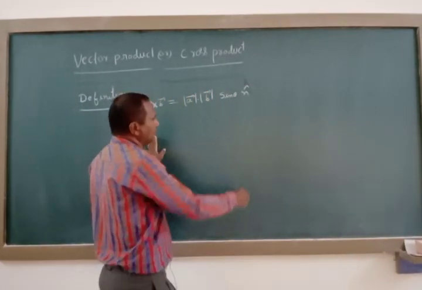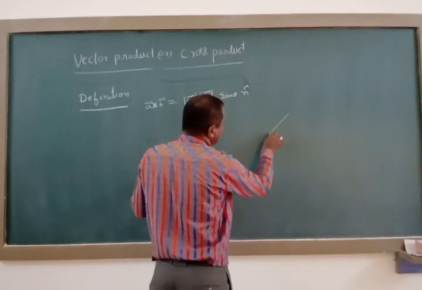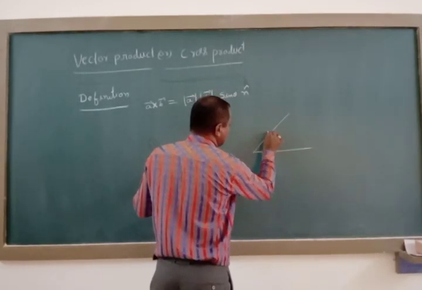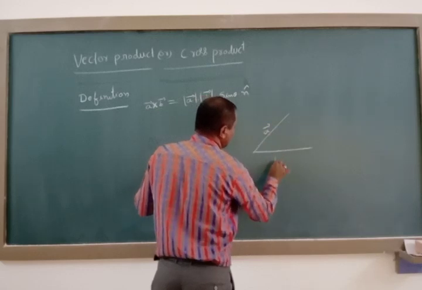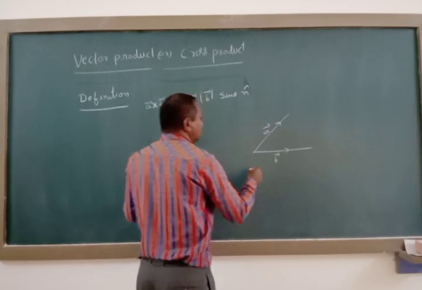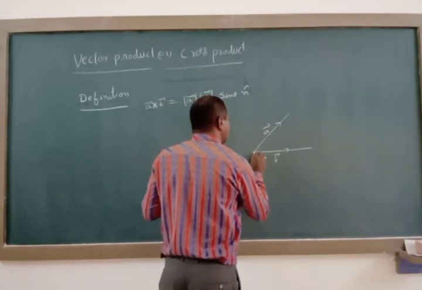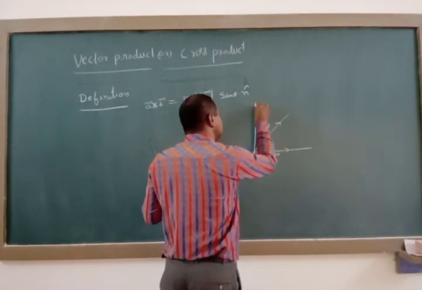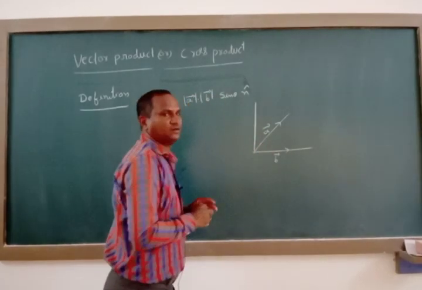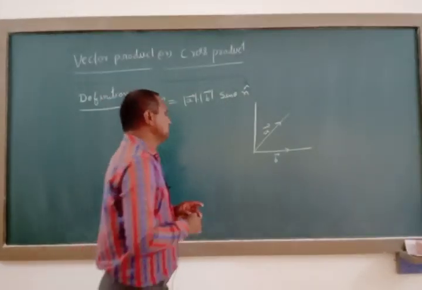Diagrammatically, I am showing here A bar is one vector and B bar is another vector. To these two vectors, there is one perpendicular vector. It is always perpendicular to both vectors A bar and B bar.